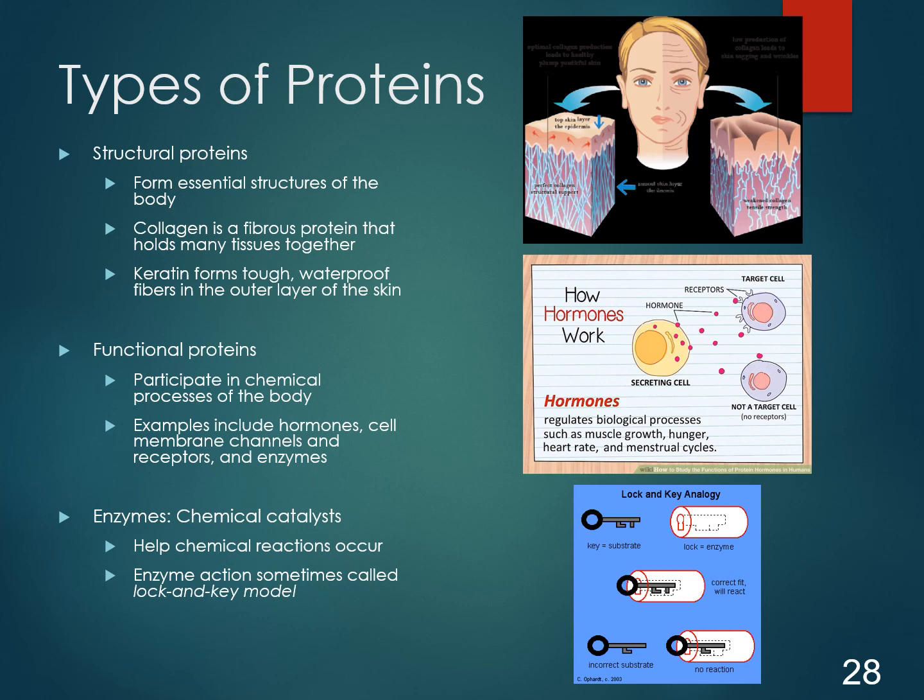They will join to a substrate, which is a substance that an enzyme acts upon, and they will change it somehow. This is considered a lock and key model, where only a specific enzyme, aka key, will fit onto a specific substrate, aka a lock.